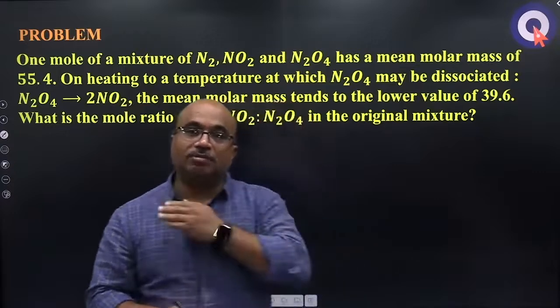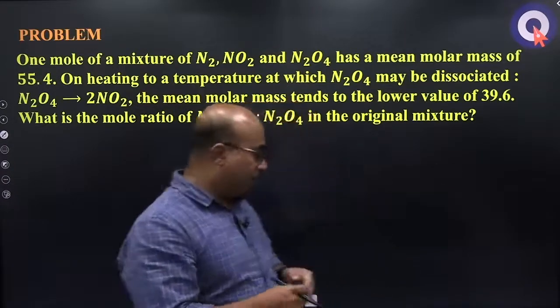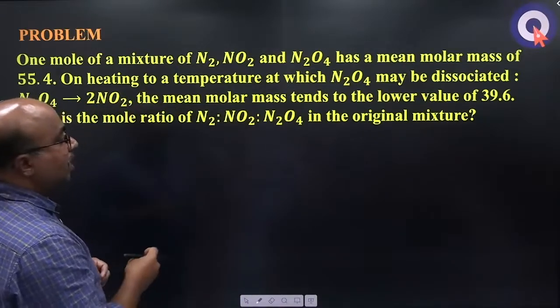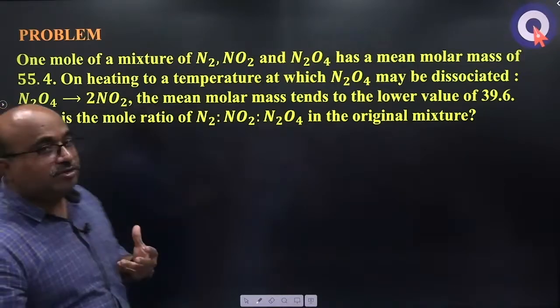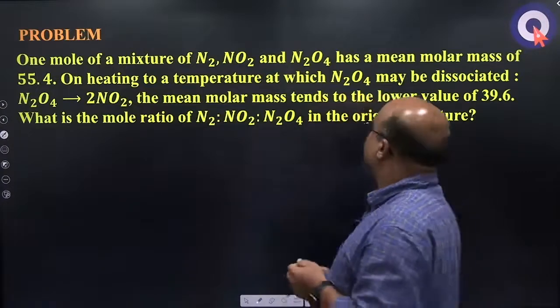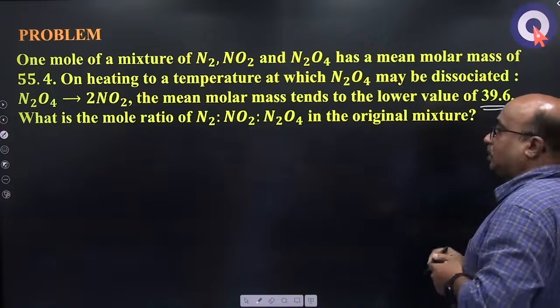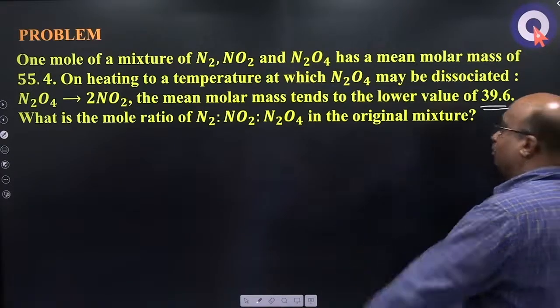So assume that it is completely converted from N2O4 to NO2. Then the mean molecular mass becomes 39.6. What is the mole ratio of N2, NO2 and N2O4?